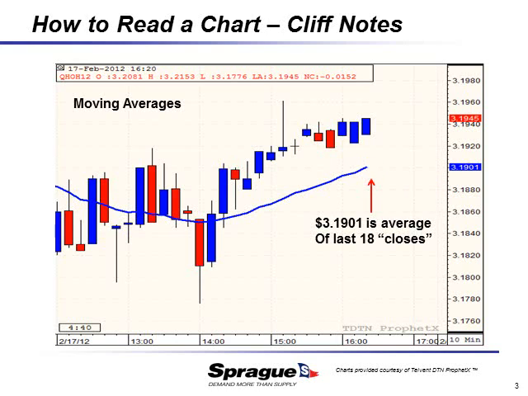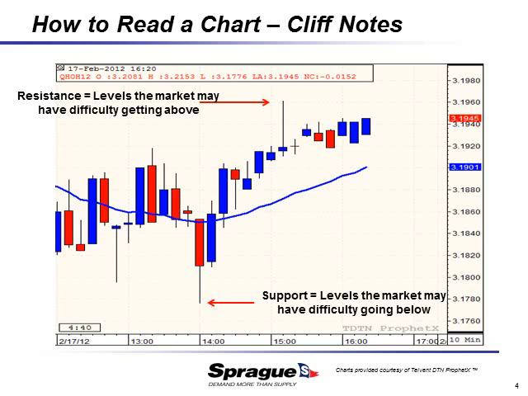These lines are important because they represent support and resistance on the chart, which is the next topic that I want to touch on briefly. Same chart here, but I want you guys to get a feel for resistance and support. When we say resistance on the chart, we're simply pointing out levels that could potentially be difficult for the market to trade above or to get above.